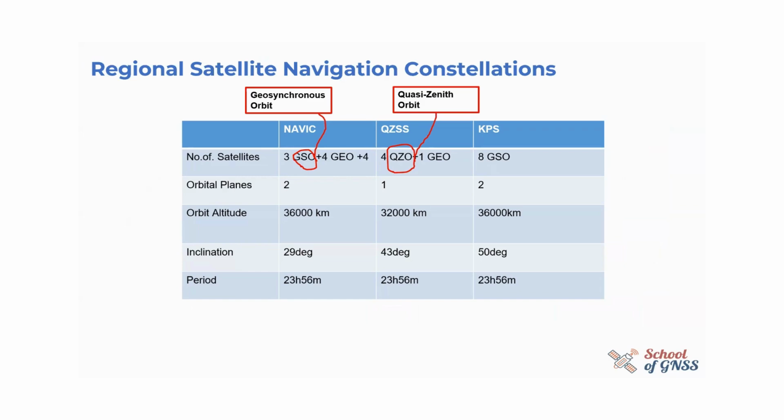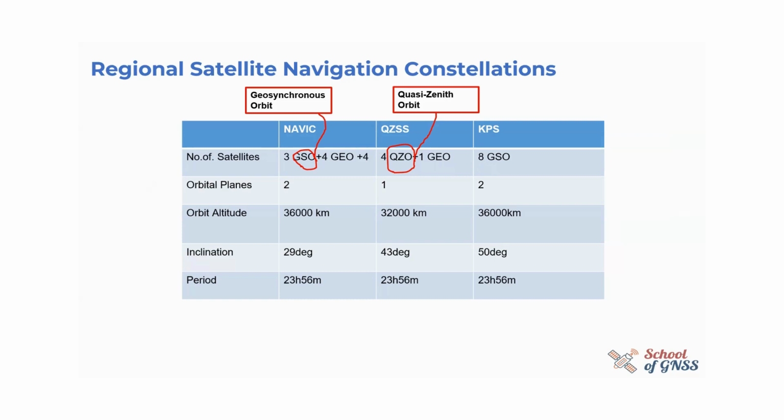So the total will be 11, but now only 7 satellites are in the sky, with 4 scheduled to be launched. For QZSS, it's 4 satellites in quasi-zenith orbit and 1 satellite in geostationary. For the Korean positioning system, 8 satellites in geostationary or geosynchronous orbit, but these are going to be launched. There are no satellites at the moment.